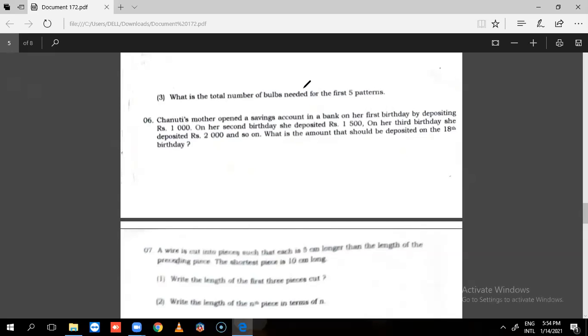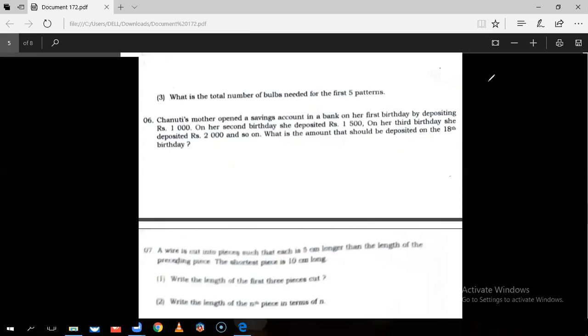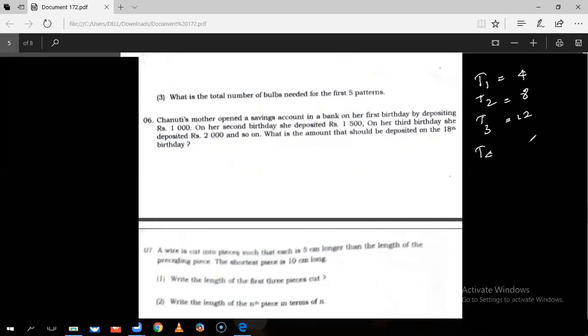This is a multiple of 4. So you can write here T1, first pattern, it is 4. T2, that is how much? 8. T3, that is 12. T4, that is how much?